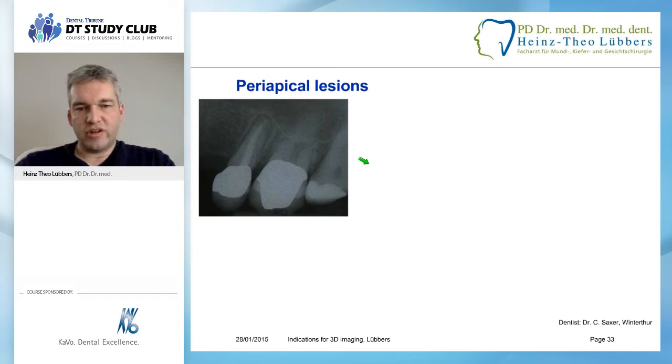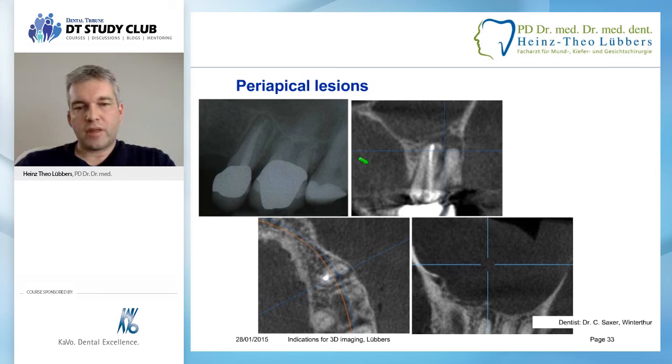Periapical lesions are always a topic, and I tend to say they are underjudged in 2D imaging too. If you see this tooth, a typical periapical lesion, and then you finally see the situation on the cone beam, you clearly see that there's quite a huge periapical lesion.